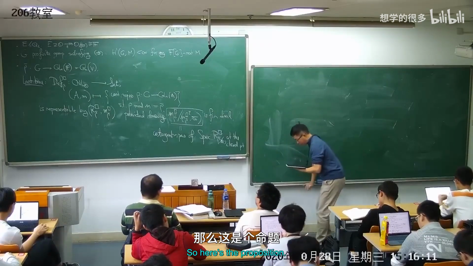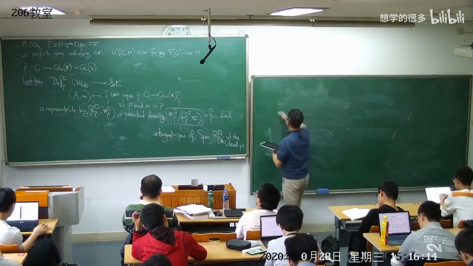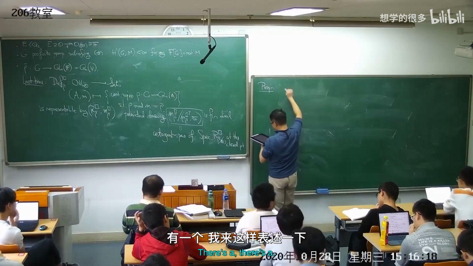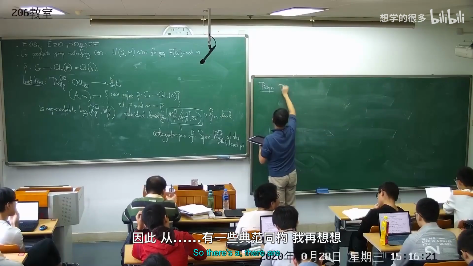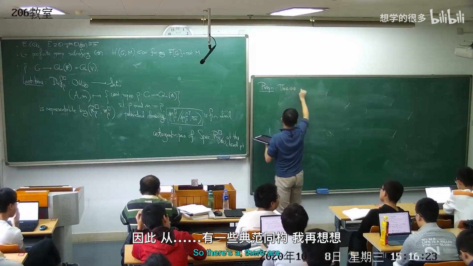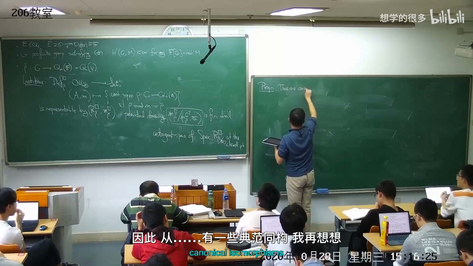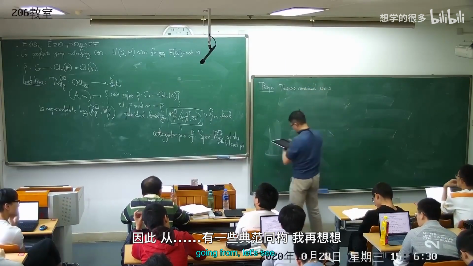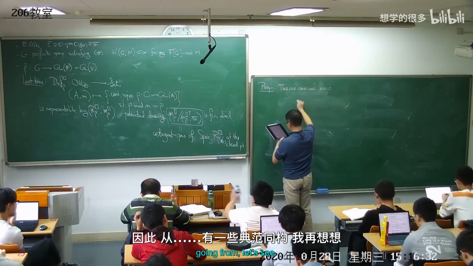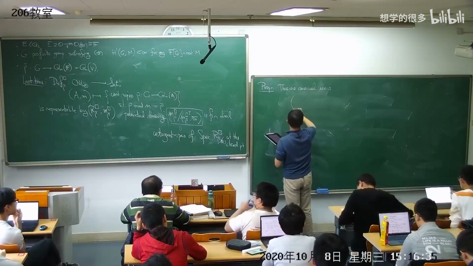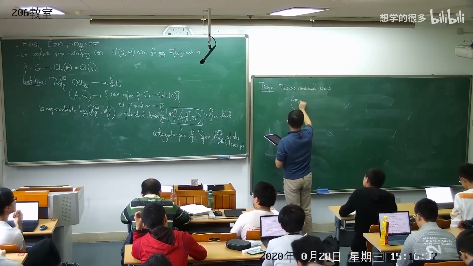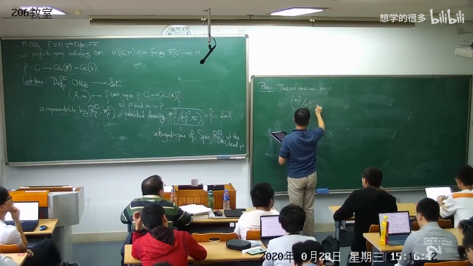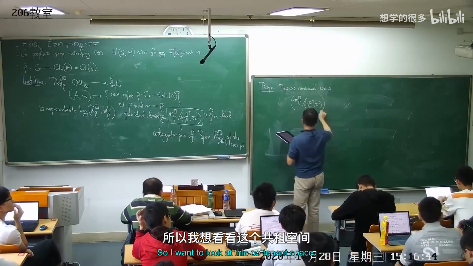Right. So here's the proposition. Let me write it this way. There are canonical isomorphisms going from, let's see, I want to look at this cotangent space.